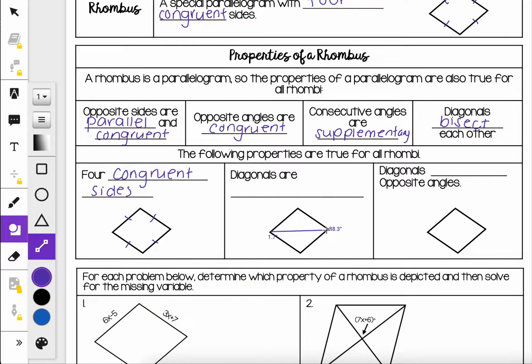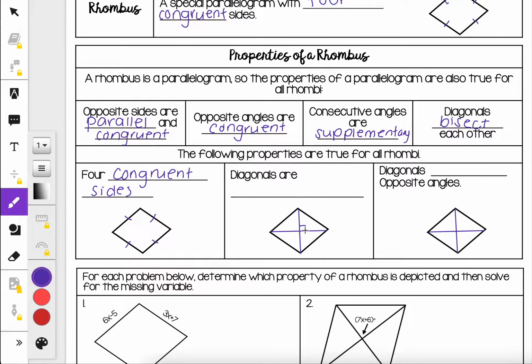So I'm going to just draw these in so we can get them nice and straight and accurate. The first property of a diagonal of a rhombus is that they are going to be perpendicular. So the 2 diagonals are going to intersect and form a right angle. And then they are also going to bisect opposite angles.